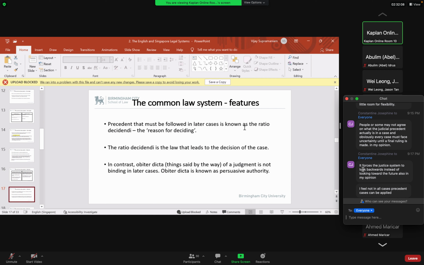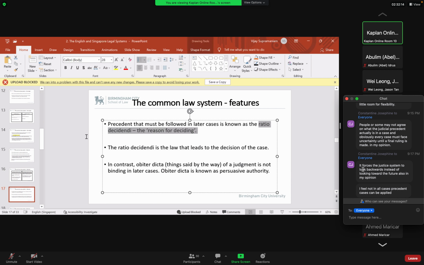So here, we have to appreciate and understand the meaning of ratio decidendi. What exactly is ratio decidendi? Ratio decidendi simply means these are the reasons behind the decision.